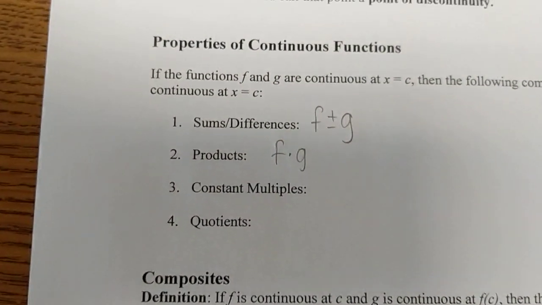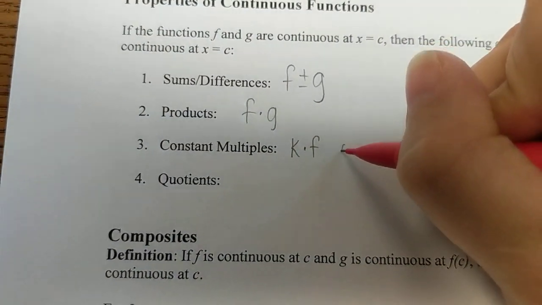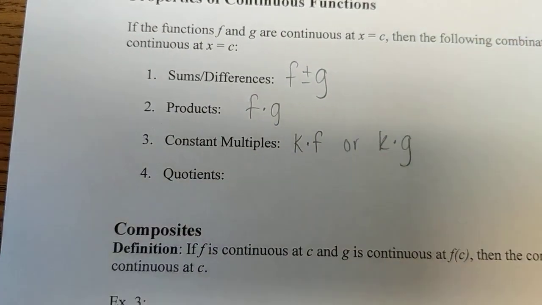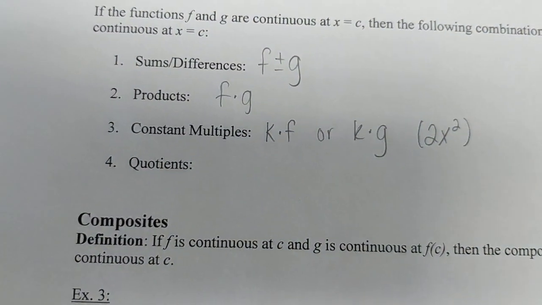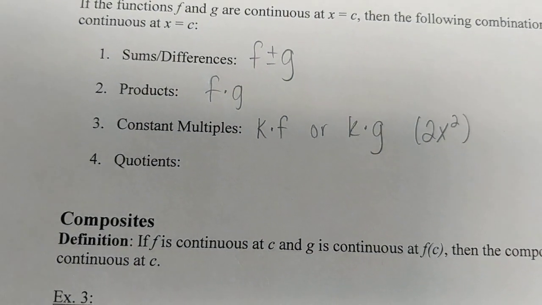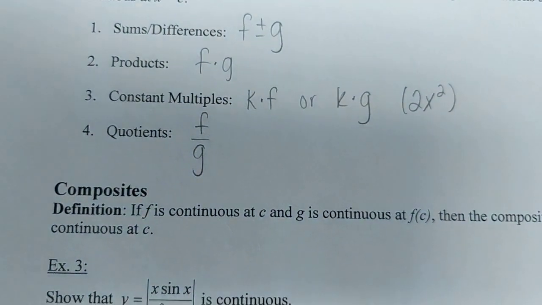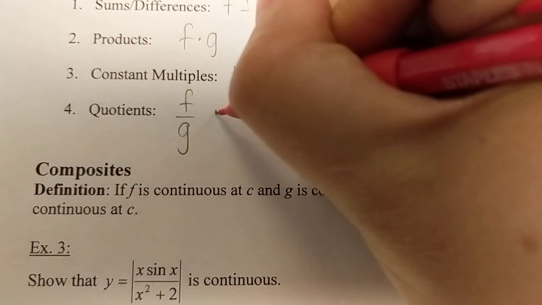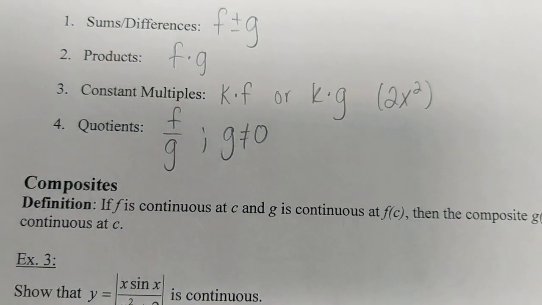We can multiply them times constants, so I could say k times f or k times g. That's an example like 2x squared. I'm allowed to just put a constant out front. And then the last one is I'm allowed to divide two continuous functions, f divided by g. The only caveat here is that g cannot equal 0.